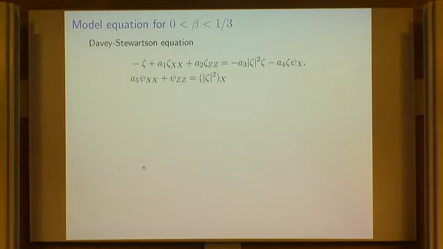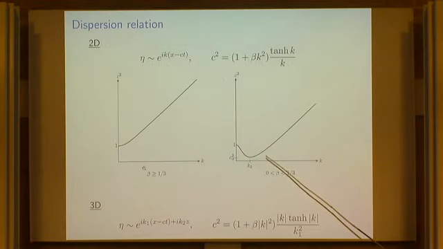Okay, so the dispersion relations look different depending on the size of beta, and also the model equations that you get. What we expect is that in the wave number plane, the action will be concentrated close to these wave numbers.